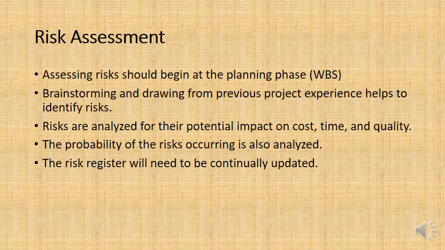So you've got all of these risks, you've got what the risk is, you then have the risk's impact and the risk's probability. And then basically these risks are recorded in a document which is usually called the risk register, or increasingly it's called the risk database because it's usually online.